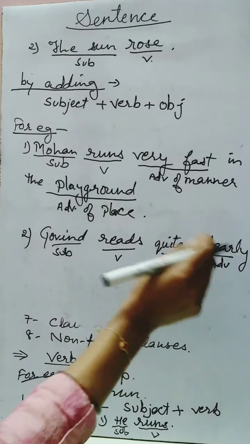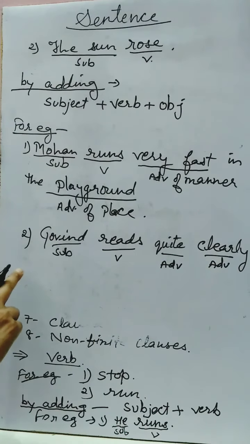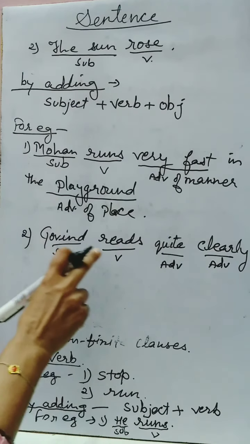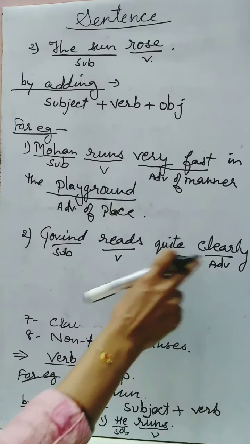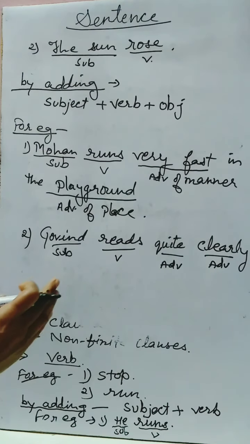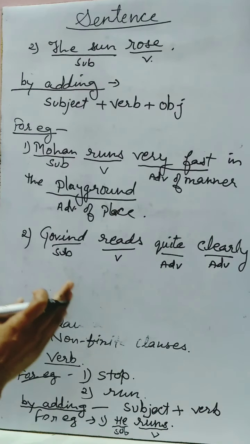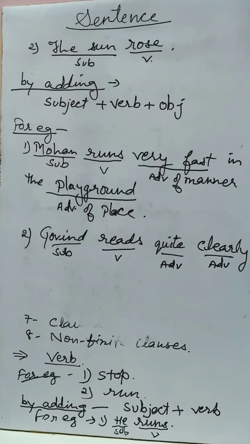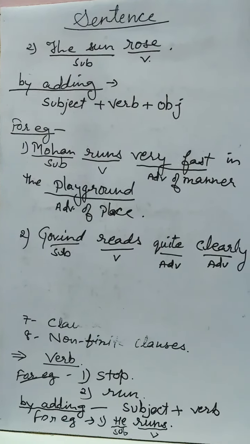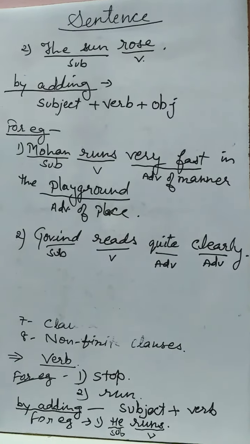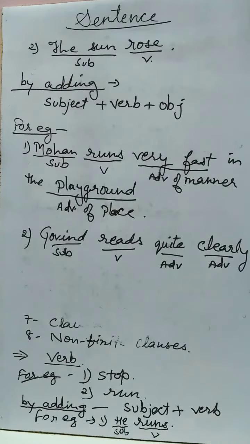Here an adverb is defining the adverb. So this is the subject, verb, and these are the other words which by adding we can make the sentence large. Now you have learned that to make a sentence in the English language needs three parts.